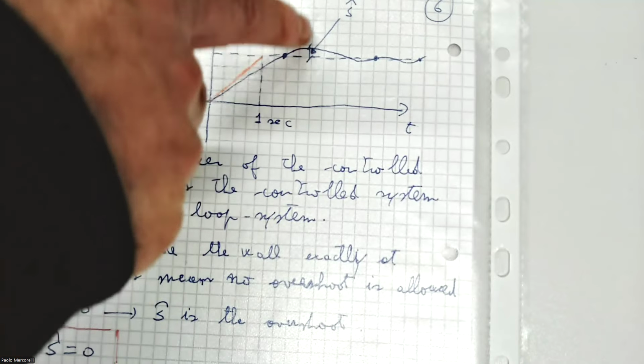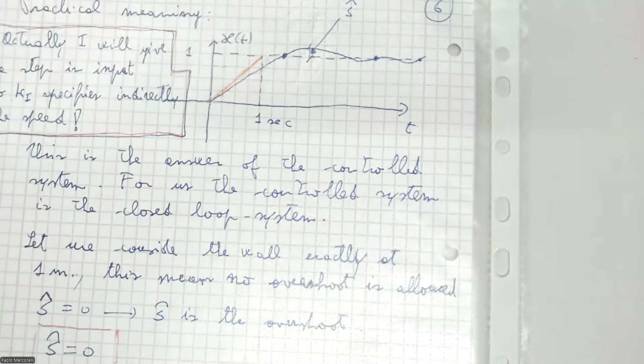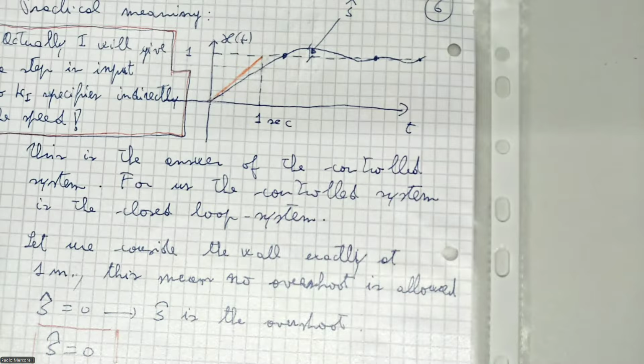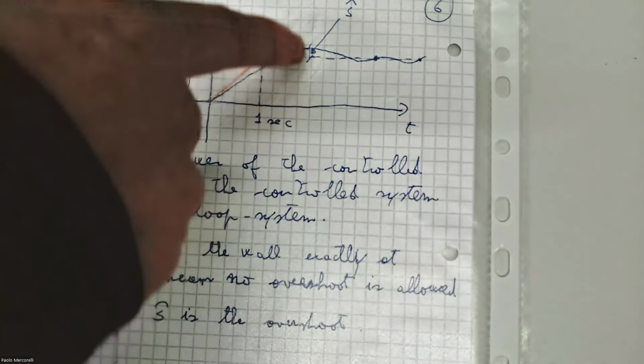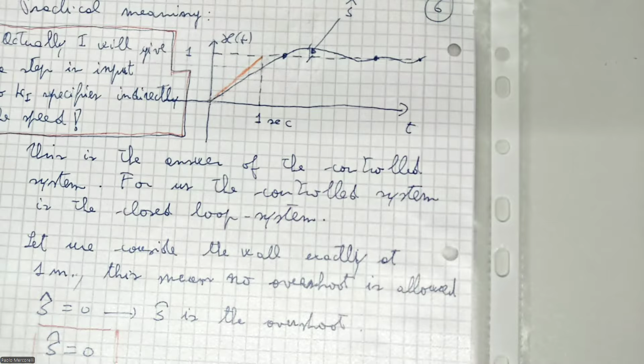Very important, nevertheless, that I will not overcome 10 centimeters. You remember I told you the distance of the wall is 1 meter and 10 centimeters. This means the system will put as goal 1 meter, but should also consider that this oscillation should be not more than 10 centimeters.